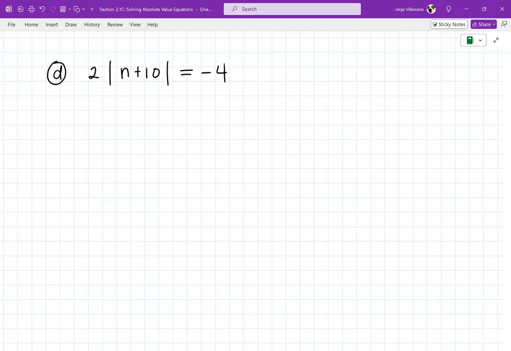The absolute value can't be negative, right? Normally I'd say, oh, that's a bad thing, but I see there's a 2 in the front as well. So before I say there's no solution, let me at least isolate the absolute value first. Because maybe if I divide by 2, it becomes positive. It's not, but maybe it does, right? Maybe if I add 5, it becomes positive. I don't know. So I'm going to do one quick operation, and then I'm going to evaluate again.